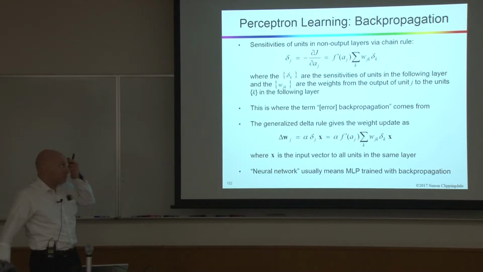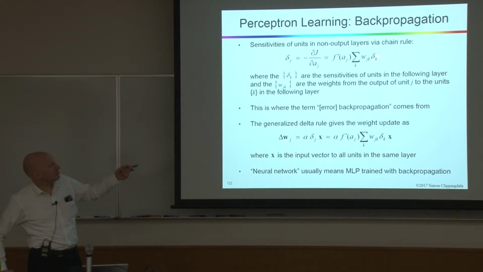That's fairly easy, but what do you do about non-output layers? Well, you can establish that the sensitivity of a non-output unit can be determined by the weights that connect it forward to the output units, and the sensitivities of the output units.